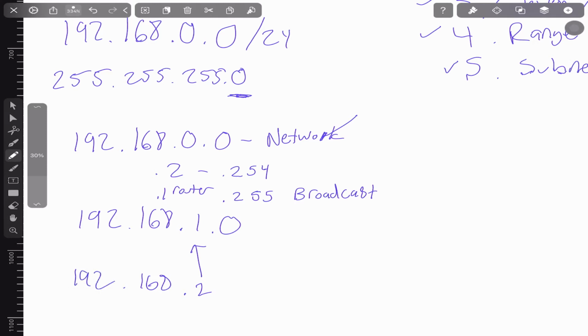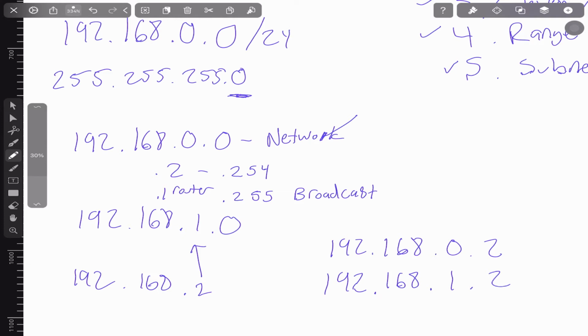So what that means is an IP address of 192.168.0.2 is not going to be able to talk to an IP address of 192.168.1.2, for example.